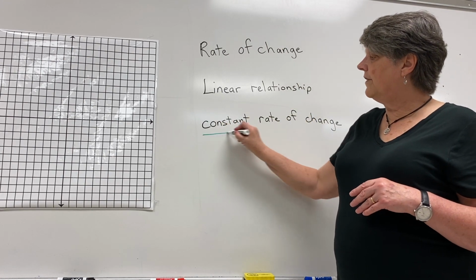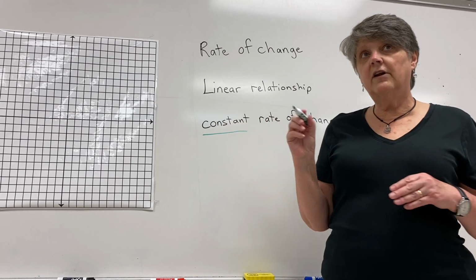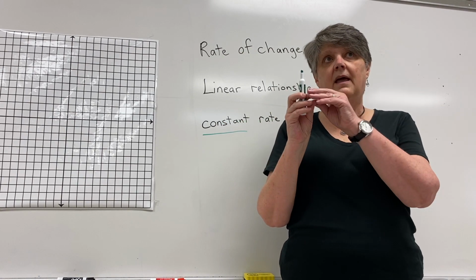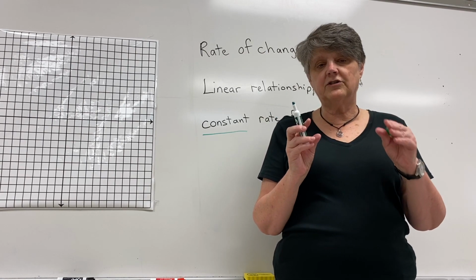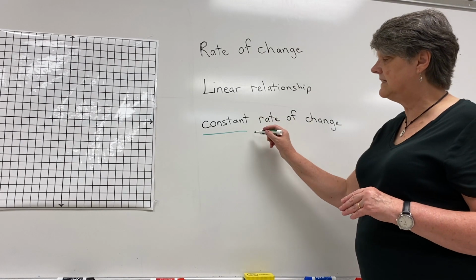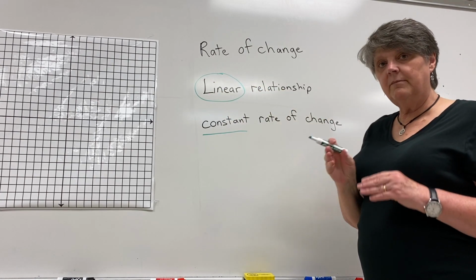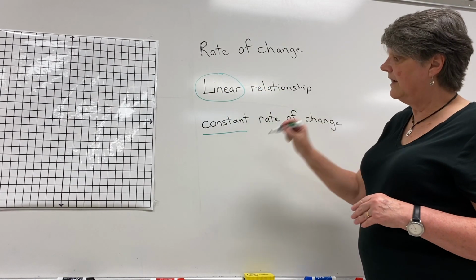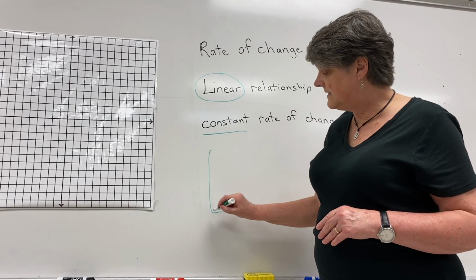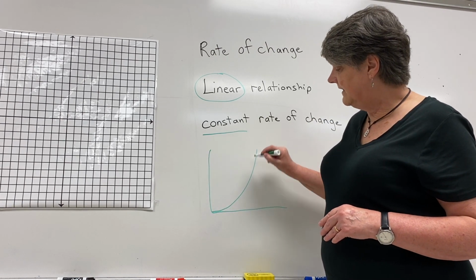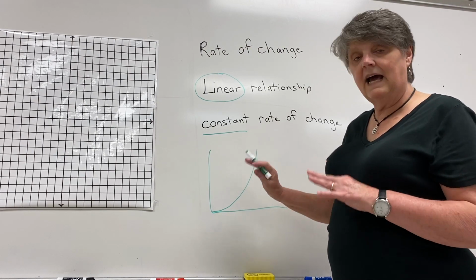What we're looking for in this chapter is more of a constant rate of change. In other words, every time my X changes a certain amount, my Y will change a certain amount too. It'll be constant. And this is called a linear relationship. Linear means that it's going to give you a straight line. We've seen a lot of graphs these past couple weeks talking about the exponential rate, and this is not what we're doing.